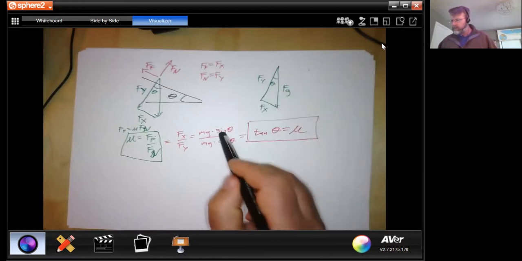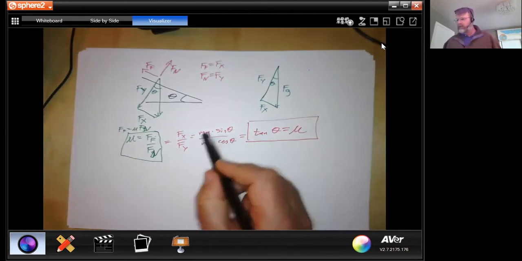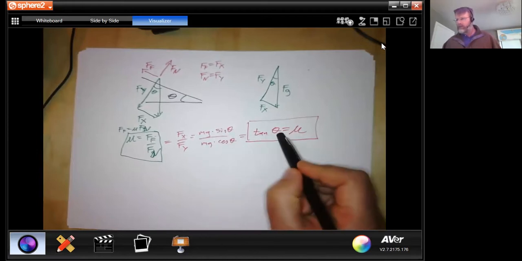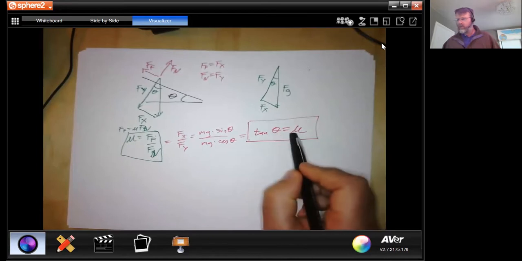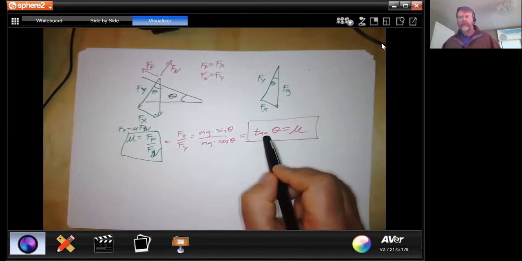Excuse me, that's backwards. Okay, and sine over cosine, so these masses cancel out. And sine over cosine is the same thing as tangent. And so for this one brief moment, the coefficient of friction is going to be the same as the tangent.